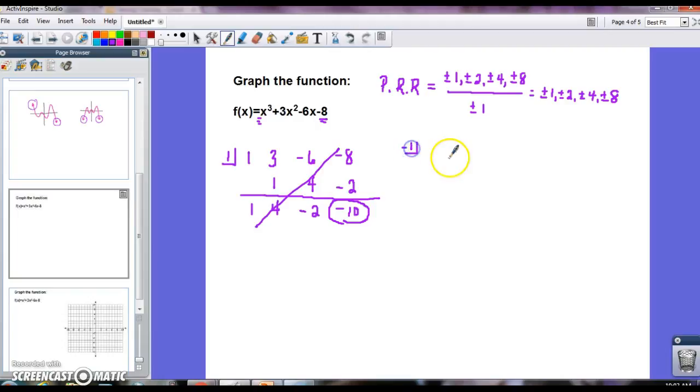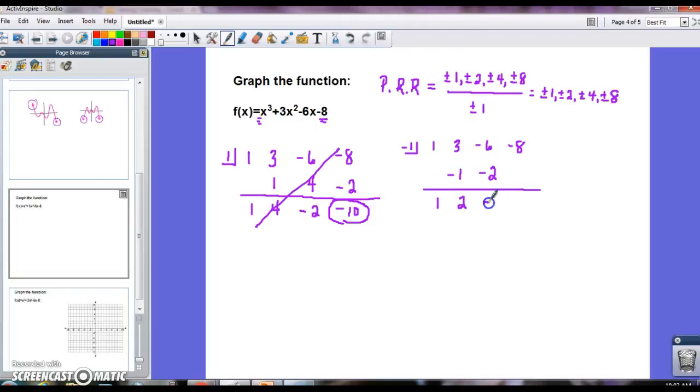Let me go ahead and try negative 1. So I have 1, 3, negative 6, and negative 8. Bring down that first number. Negative 1 times 1 is negative 1. Add those, I get 2. Negative 1 times 2 is negative 2.